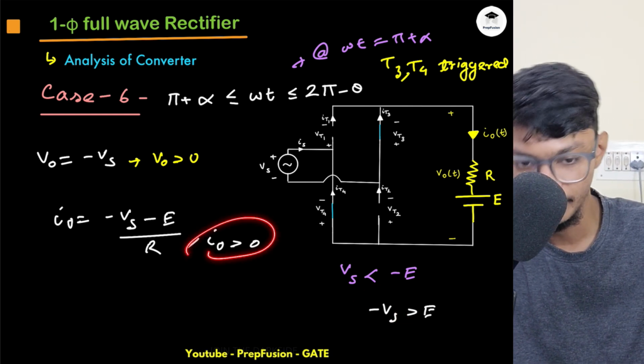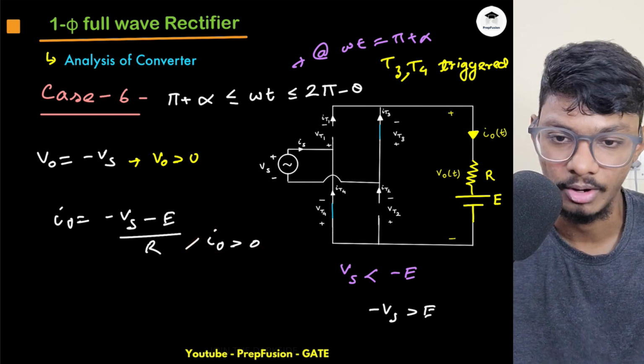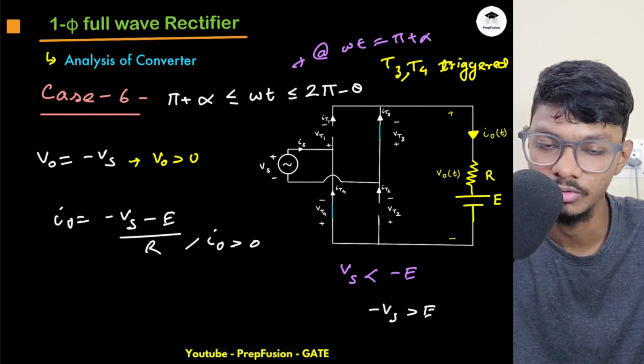So obviously my IO will be positive, and power will flow from source to load, it cannot flow from load to source.